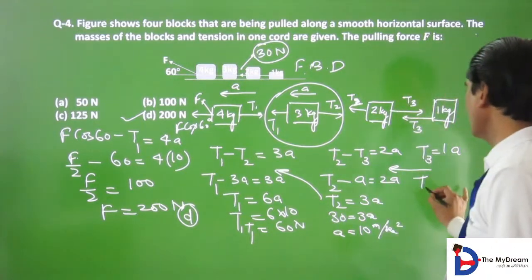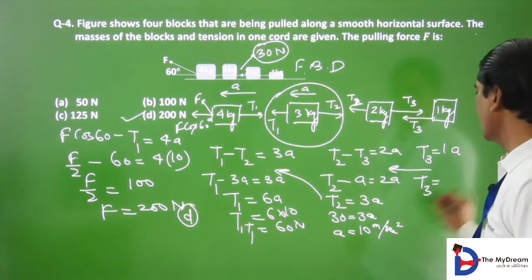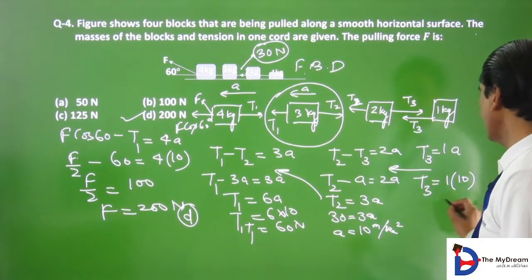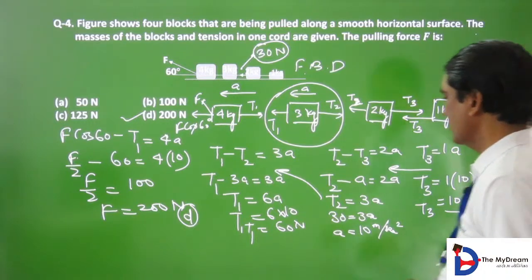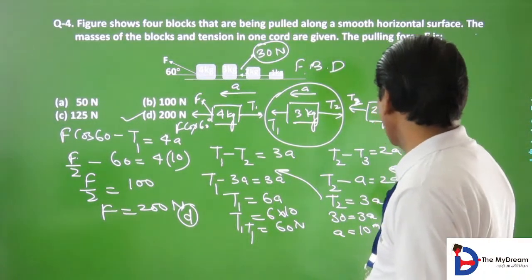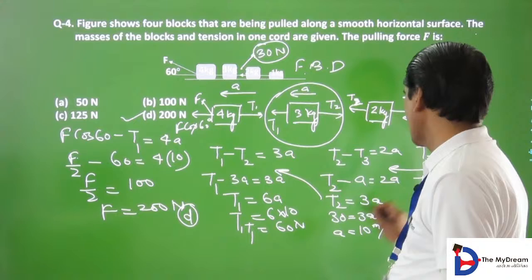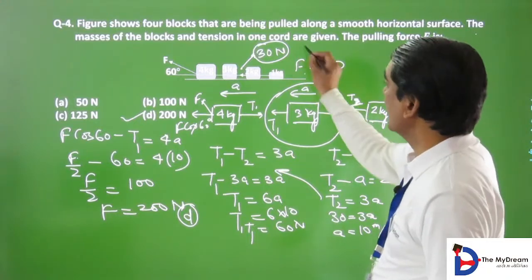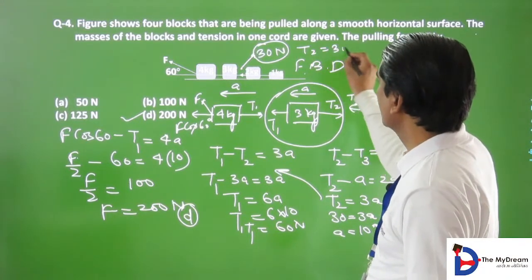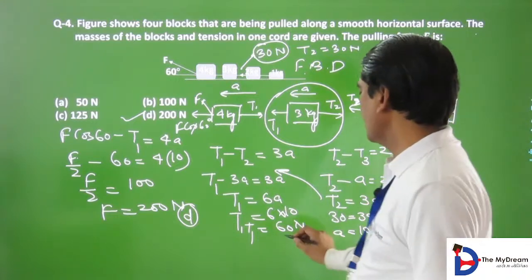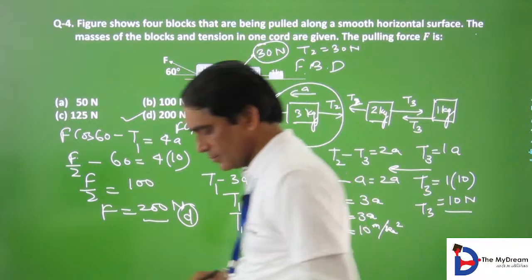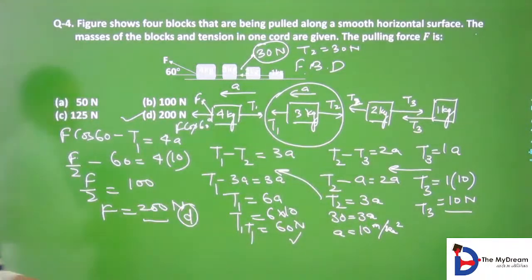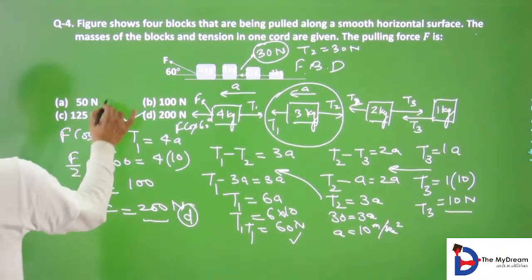If you want to know T3, then you can write 1 into 10, so T3 is 10. T2 is 30, T1 is 60, and F is 200 Newton. Option D is correct.